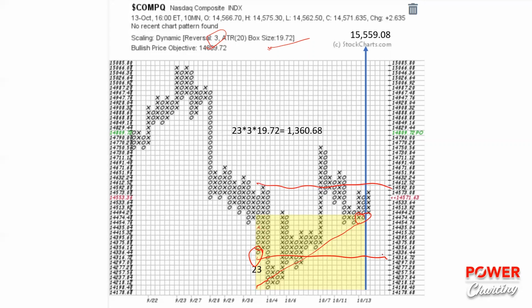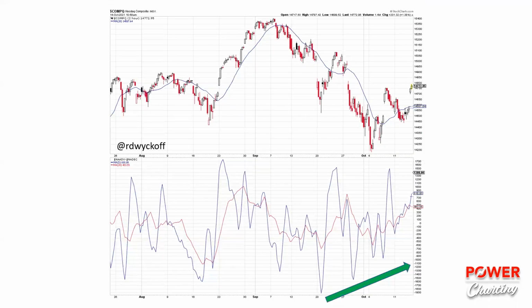So again, this is just 10-minute point and figure analysis, and it gives us 1,360 points of upside potential. I simply counted from the low. Here it gets us up to 15,559. That's encouraging, but there are things happening underneath the surface that I think we should take a quick look at.